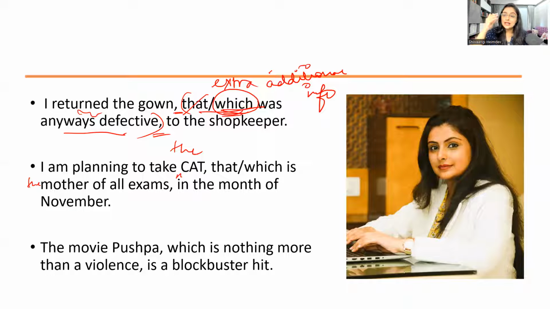What CAT looks like, that it is like a mother of all entrance exams, etc., is just an extra information, just an additional information. So even if I drop this information from the sentence, I can very well convey the complete sentence. That is, I'm planning to take the CAT in the month of November, which is absolutely correct. It's a complete information.